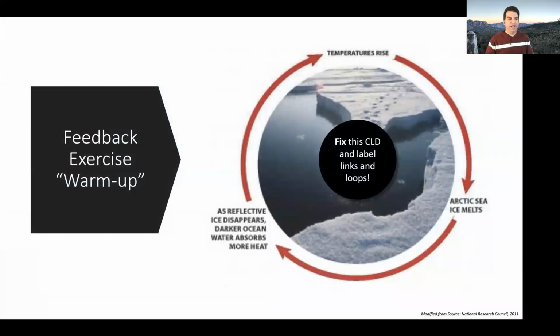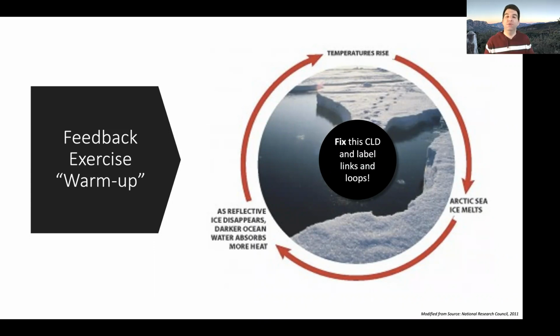So let's get our heads back into causal loop diagrams. This is a diagram that I picked out from the National Research Council. It was explaining climate change and the basic mechanisms underlying climate change.